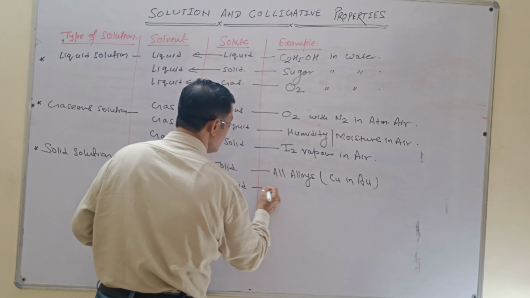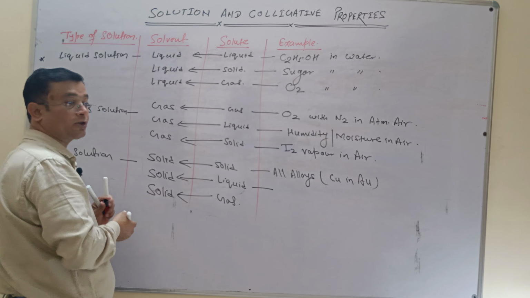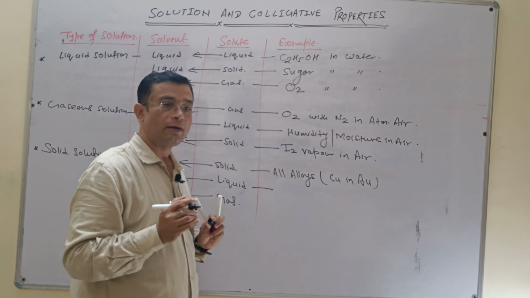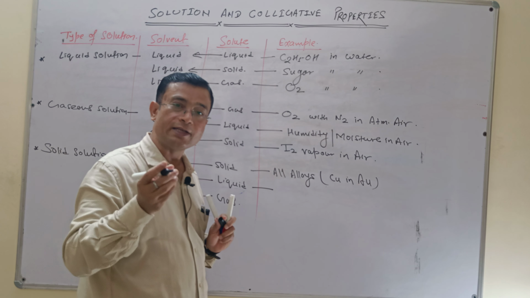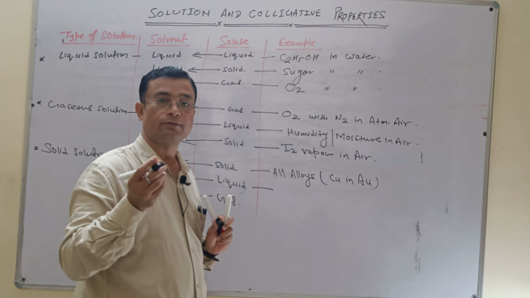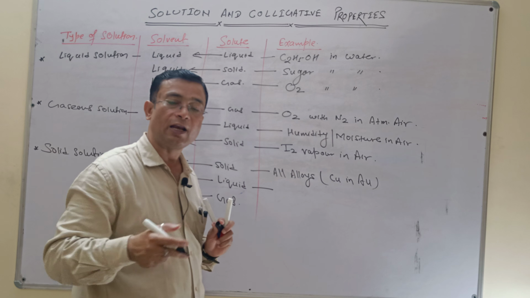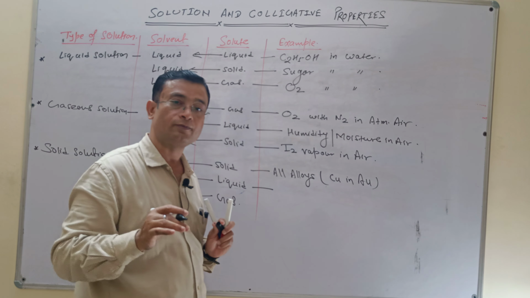Now here, liquid dissolved in the solid. What is the example? Liquid dissolved in the solid. A very simple example is that during the rainy season, our home salt becomes wet with moisture. This property is called deliquescence, and such chemical substances are called deliquescent.